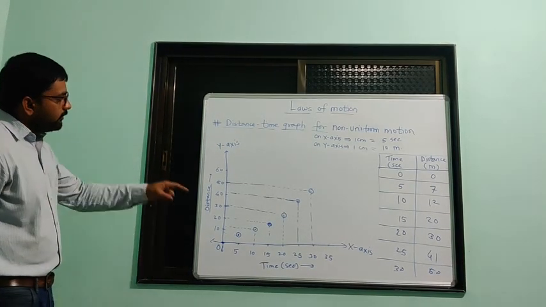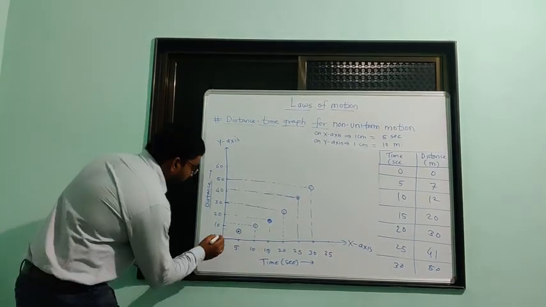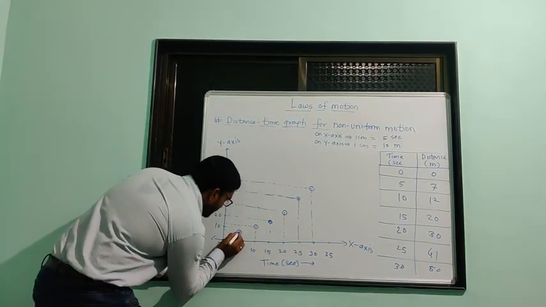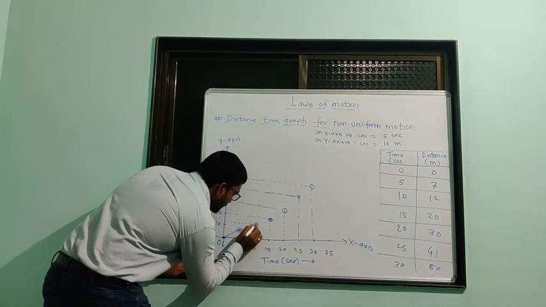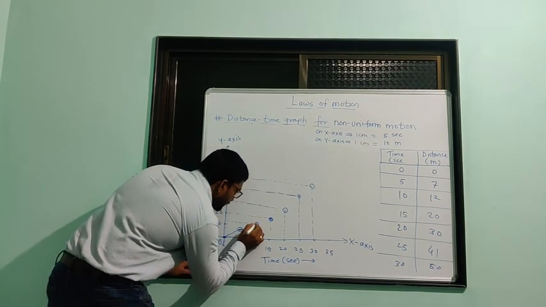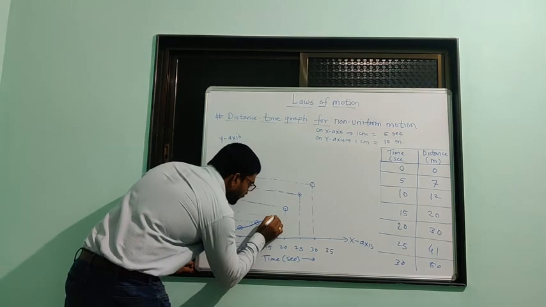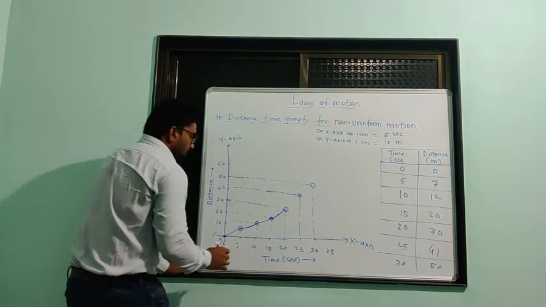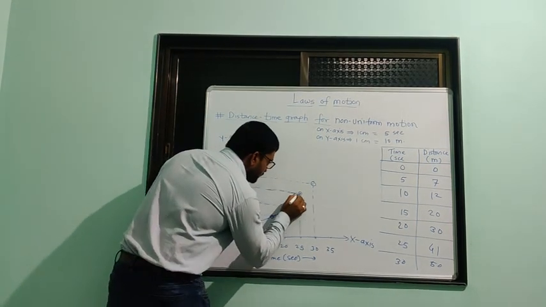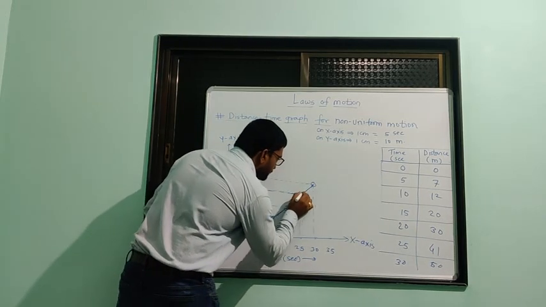Now if you draw all the points here, the first point is here, second is here, third is here, fourth is here, fifth is here.